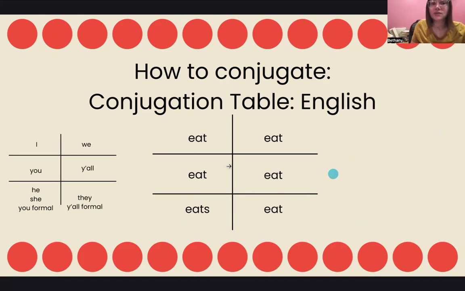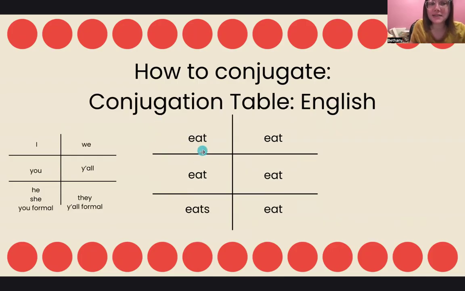So that is why we need pronouns, because each one goes in this box. Let's conjugate a verb, because you're probably like, Bethany, why don't we conjugate verbs in English? As you can see on the screen, all those verbs look the same, almost.